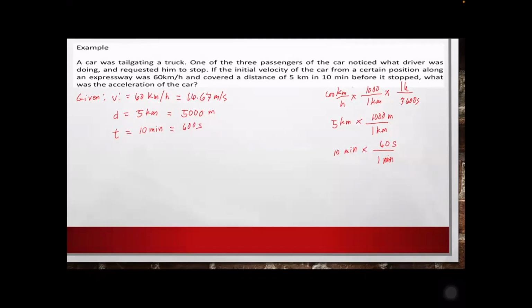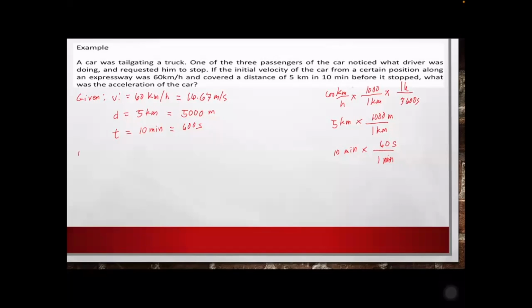Ano pa nawawala? Let's examine again the problem. If the initial velocity of the car along the expressway is 60 km per hour and it covered 5 km in 10 minutes before stopping, what was the acceleration of the car?